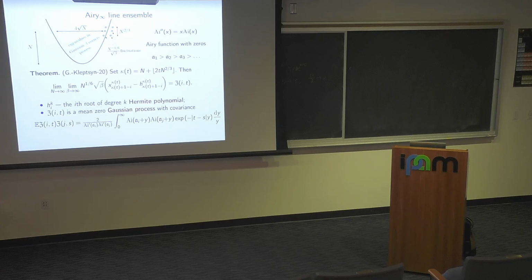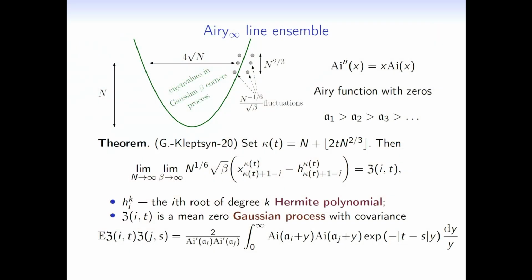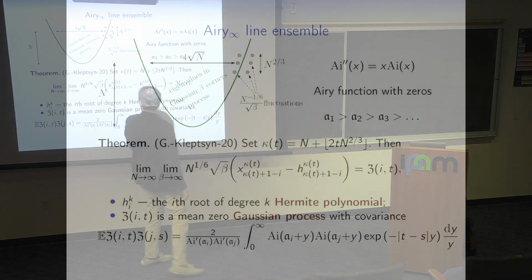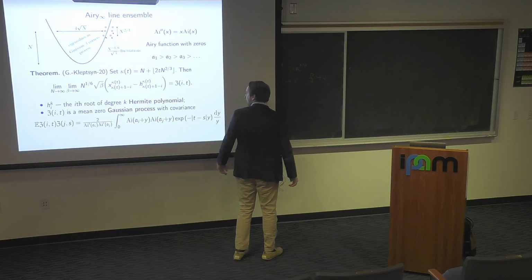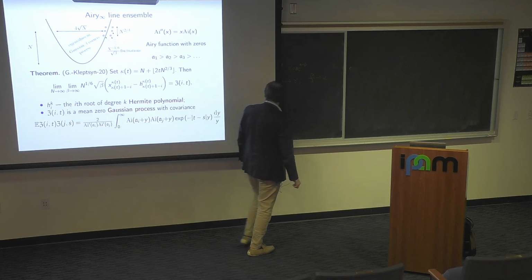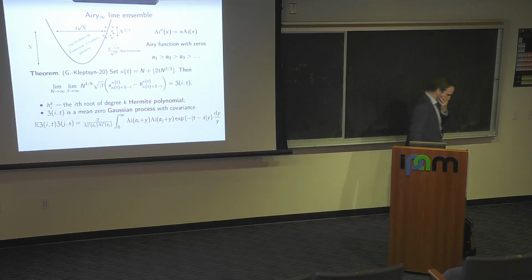They become completely deterministic. But if you subtract these roots of Hermite polynomials and rescale back by square root of beta, then there is some field of fluctuations. It turns out this is an explicit Gaussian field, with explicit covariance, which you get in the joint limit of n to infinity, beta to infinity. And here is this covariance: certain explicit integrals in terms of the Airy functions and the zeros of the Airy function. Here a_i is the ith zero of the Airy function.